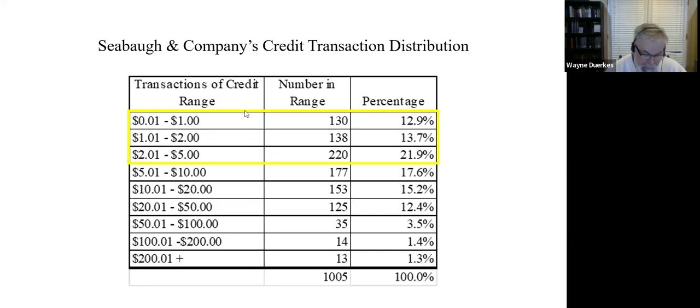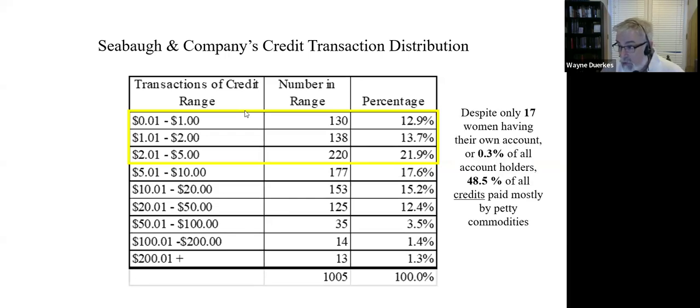Now, petty commodities like feathers, ash, eggs, milk, butter, also sewing services, washing services, were all in this. Petty commodities were under the realm of the females, which is very important.